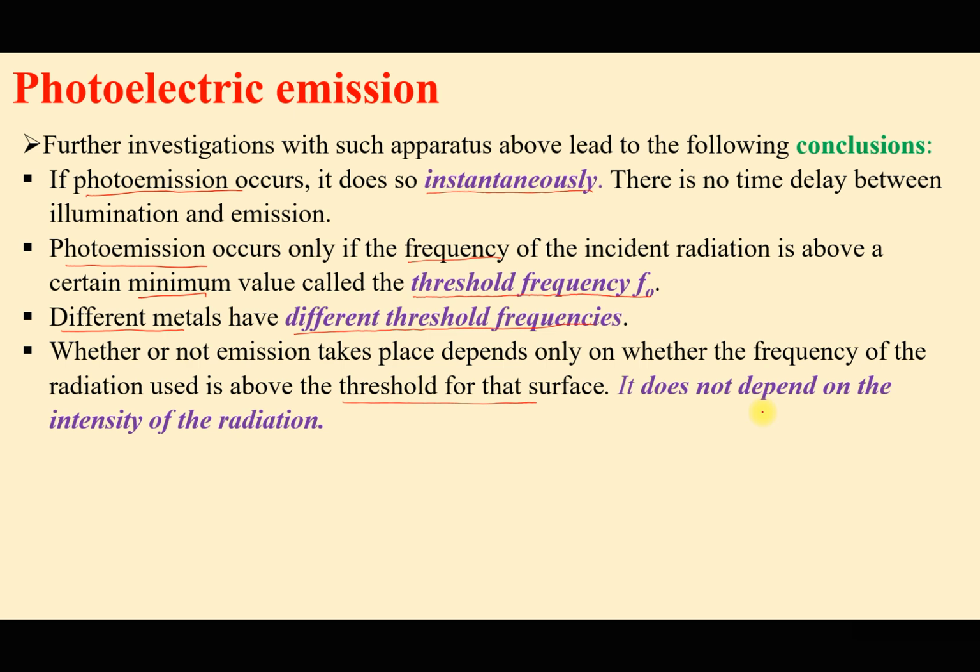The intensity just affects the rate at which emission occurs. But emission will not occur if the frequency is below the threshold. So whether or not emission takes place depends only on whether the frequency of the radiation is above the threshold for that surface. It does not depend on the intensity of the radiation.